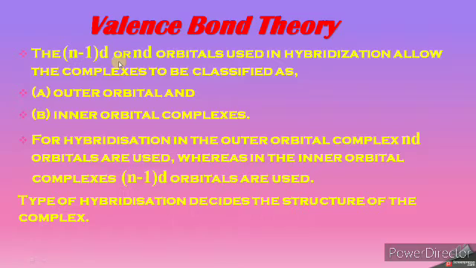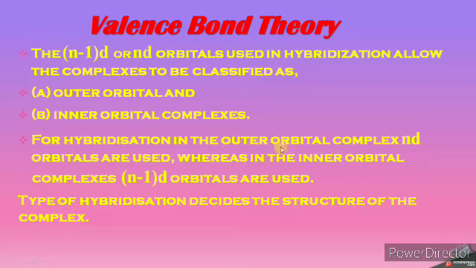Then the (n-1)d or nd orbitals used in hybridization allow the complex to be classified as first, outer orbital complex, and second, inner orbital complex. So why these words are used, let us discuss.